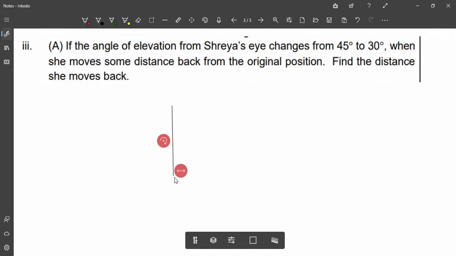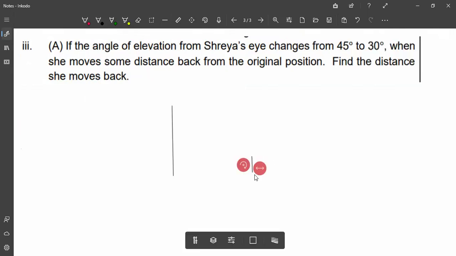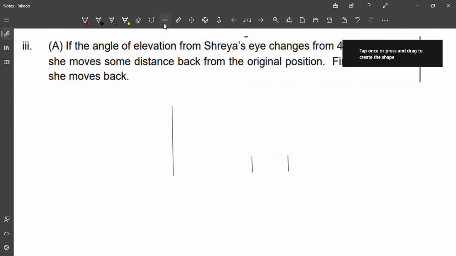This is the whole height of this structure, 42 meters, and she's already 1 meter tall. Now I'm going to draw two positions of Shreya, one when she observes it at 45 degrees, and one when she moves back and observes it at a different angle of elevation.